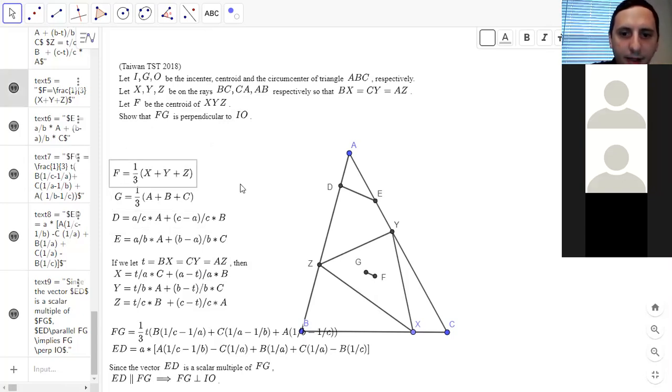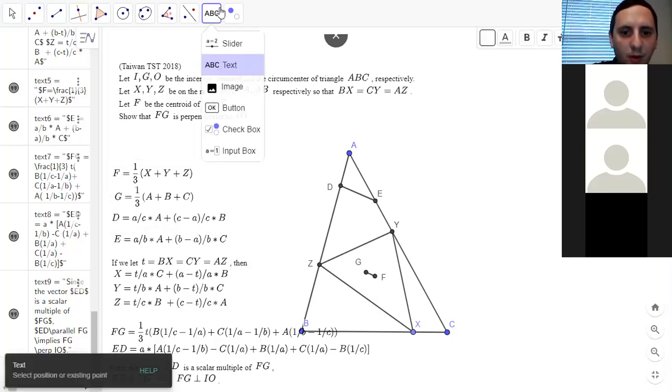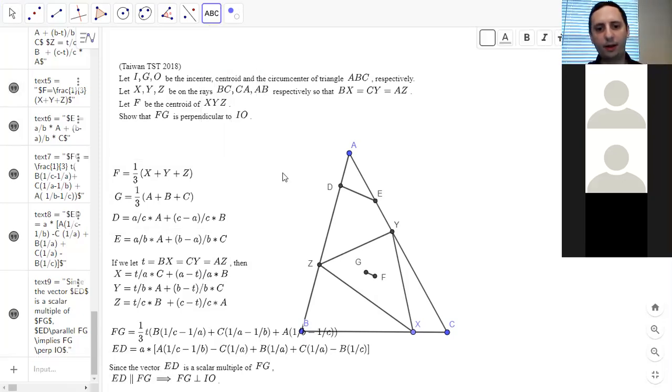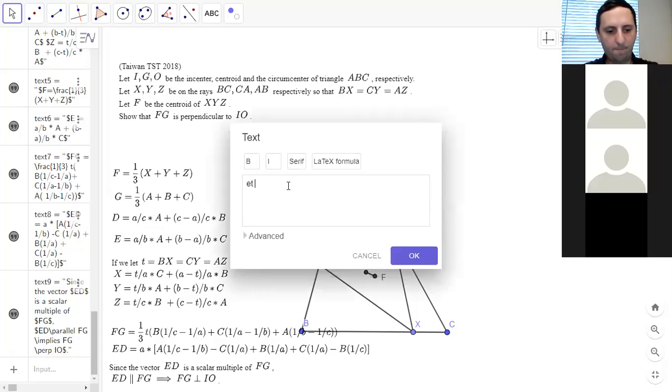There's not a huge amount of information. So let D be on AB such that BD equals CE.